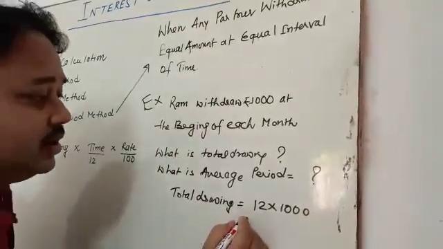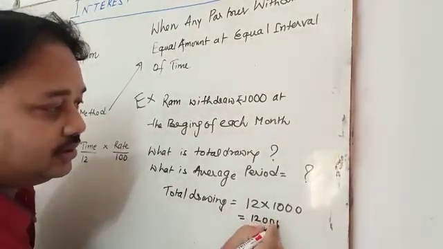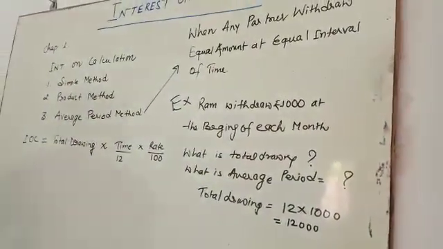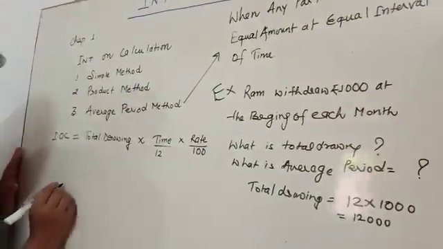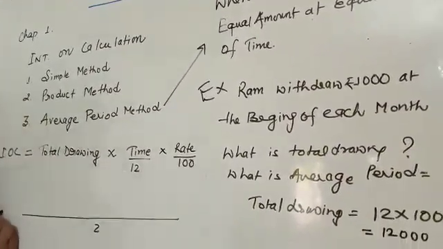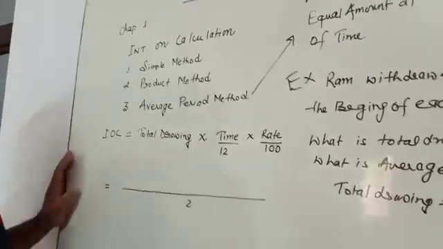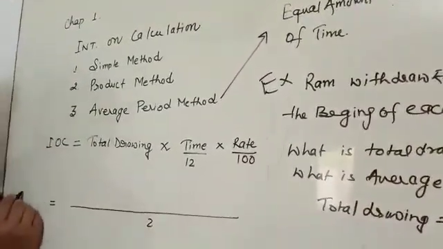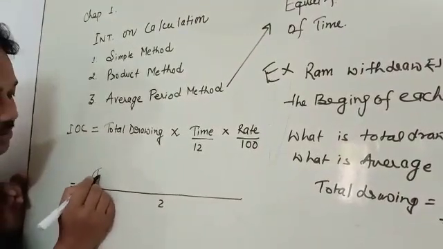So total drawing is equal to 12,000. What is average period, my dear student? Let's see what is the average period. Average means divided by 2. We are going to find out average period.